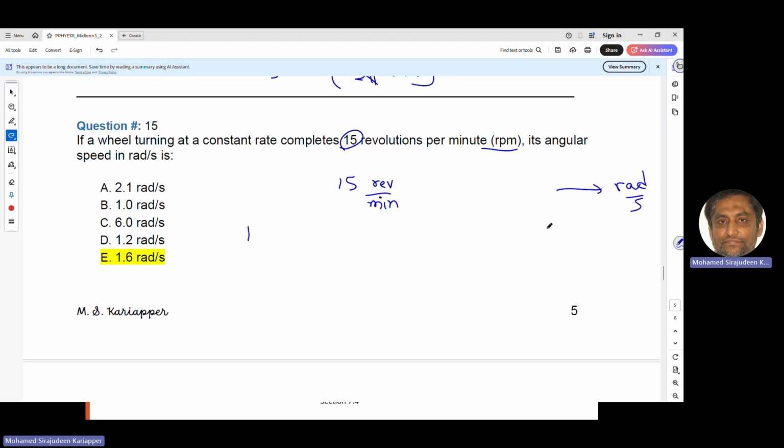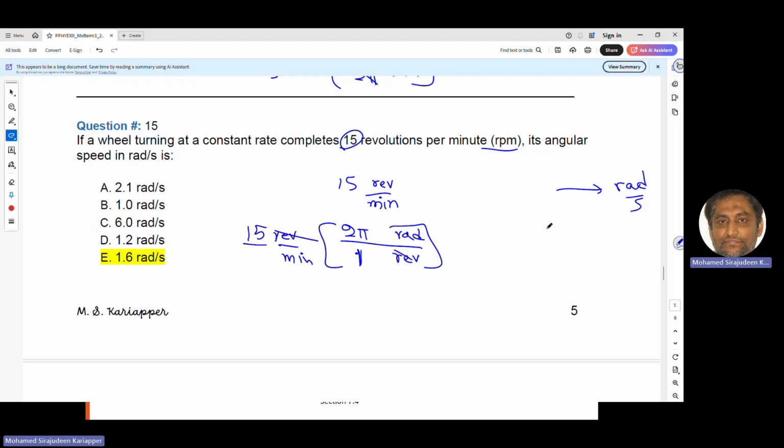So you go one at a time. You will attack the revolution first. Because revolution is up, you better take the revolution down, right? And it corresponds to the radian. So the conversion: one revolution is 2 pi radian. So you got the revolution out of the way.